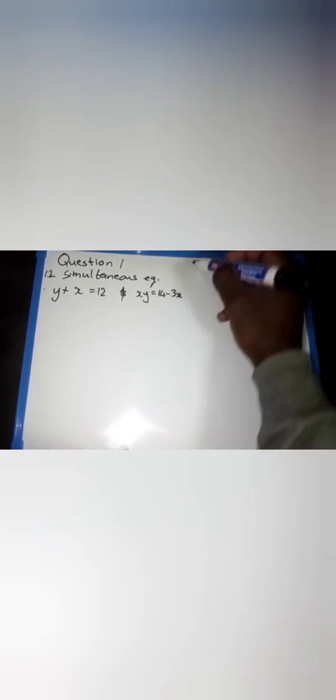So it's simultaneous equations, right? You're given y plus x is equal to 12, and xy is equal to 40 minus 3x.